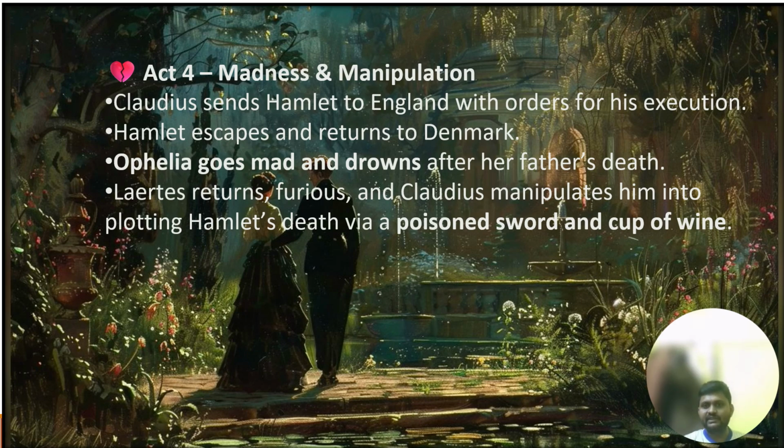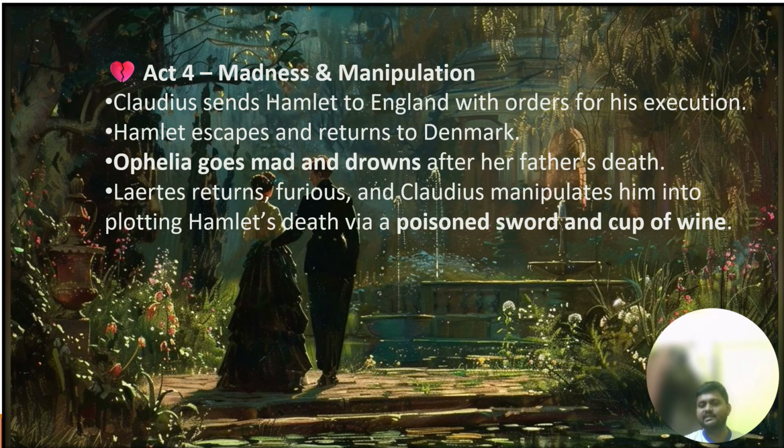Hamlet, while going to England, escapes from the ship and returns back to Denmark. While in Denmark, Ophelia is grief-stricken not only by Hamlet's rejection in love, but also by her father's death, goes mad and drowns herself in a pond.